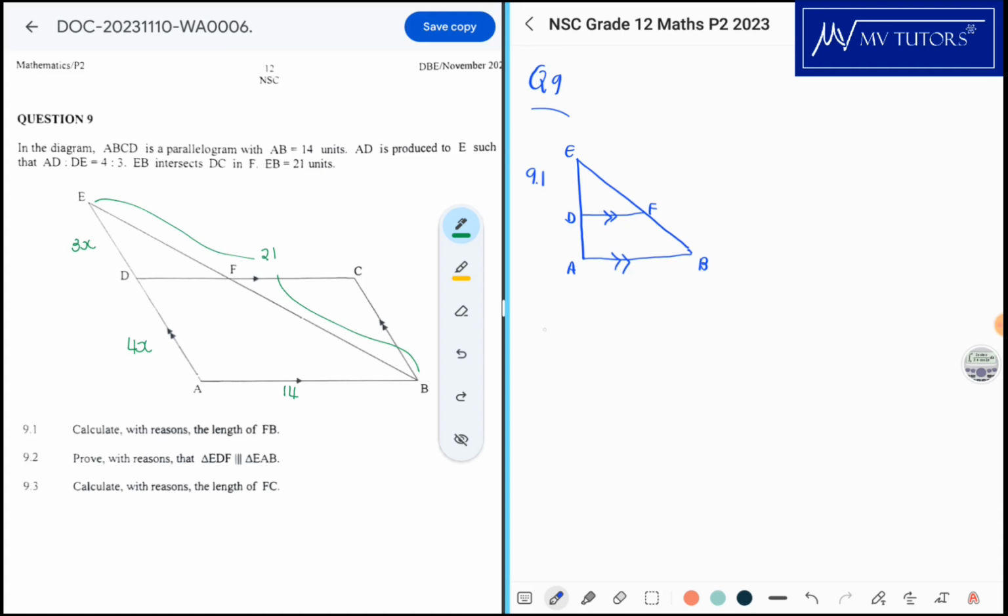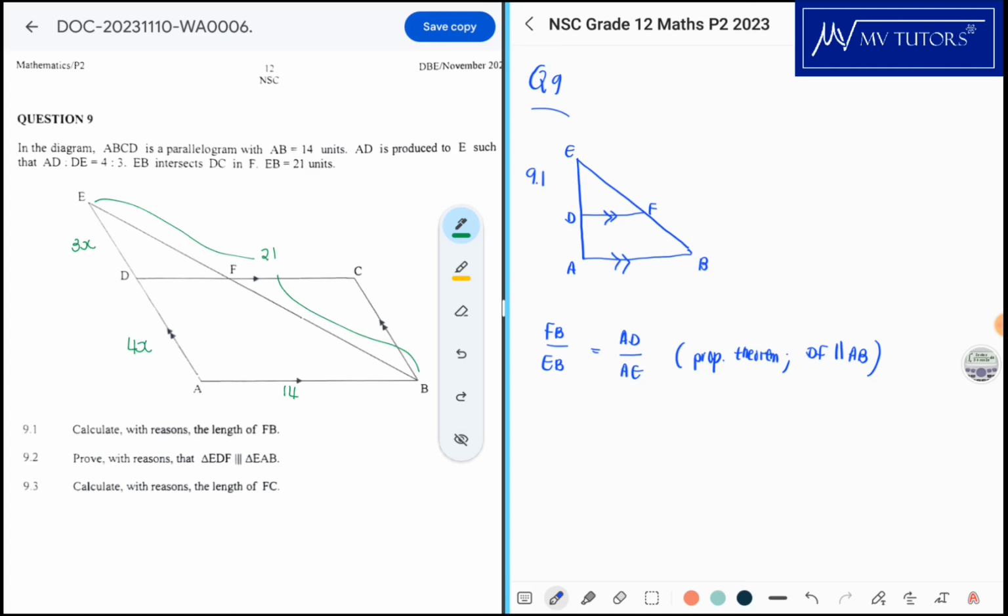So what I'm going to do then, I'm going to say FB over EB is equal to AD over AE. And I can do this because I have a triangle with sides that are parallel. Okay, so then I'm going to say this is due to the proportionality theorem. And when I state that this is the proportionality theorem, I need to say which sides are parallel. So DF is parallel to AB. Or you could say DC is parallel to AB, doesn't matter.